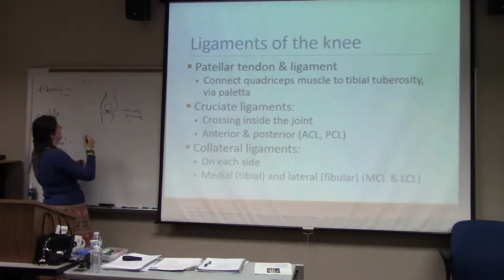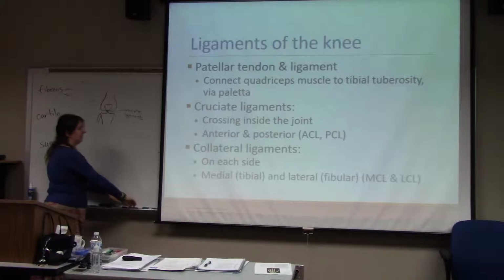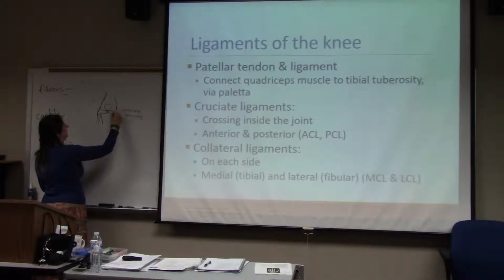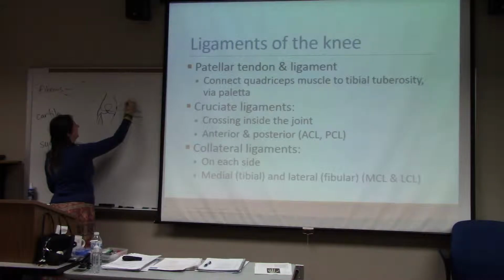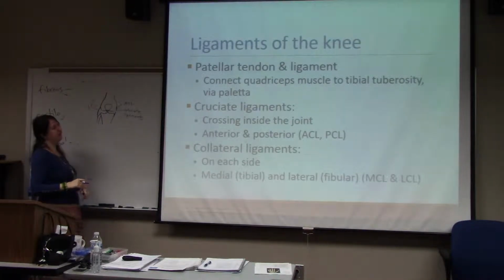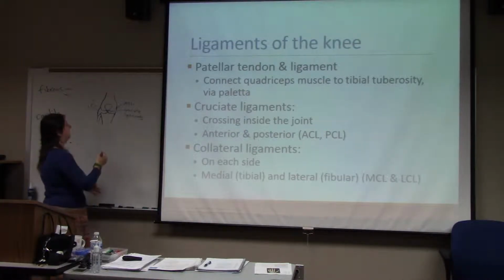On the sides are the collateral ligaments, lateral for side. You'll see them called medial and lateral, or tibial and fibular, for which side they connect to.